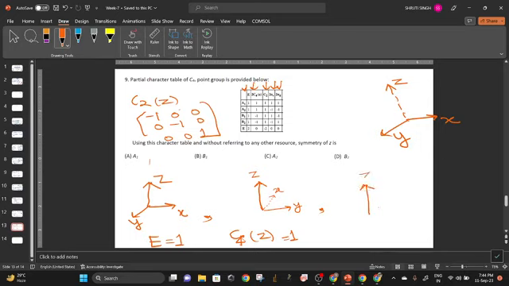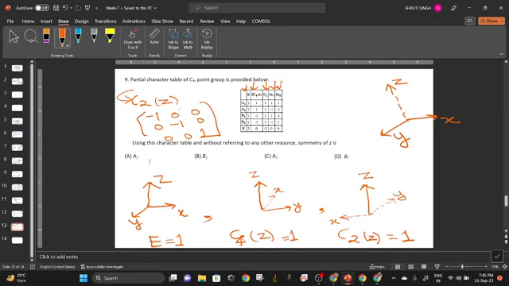So Z will be here, Y was on this side and will go to the negative side, and X, which was on the right hand side, will go to the left hand side. So these are changing, but for C2 the character for Z is also 1. So Z is not changing.